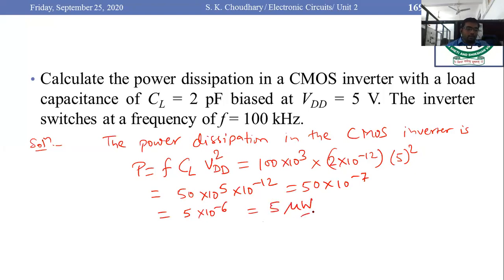This is the power dissipation in the CMOS inverter. If you remember the formula, you can easily find it. Sometimes this numerical could be asked with the power dissipation mentioned in the question, and you have to find the switching frequency. So at that time you have to find F. In this way the parameter could be changed.